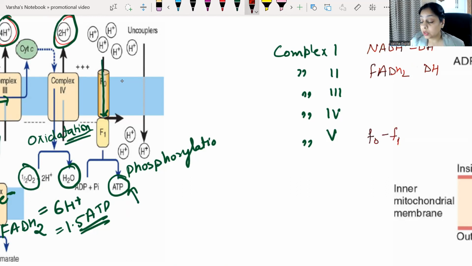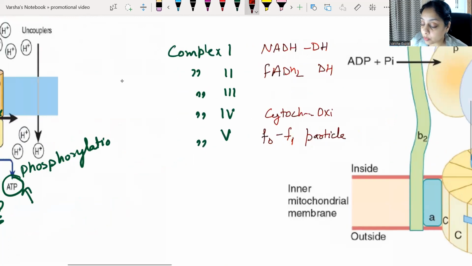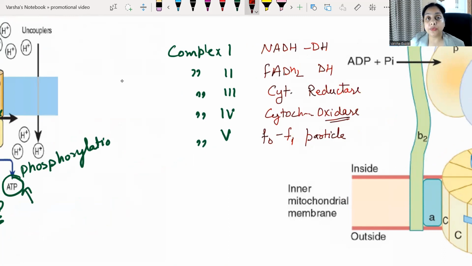It is not zero, it is the FOF1 particle. This was doing phosphorylation. Above this, remember this way, it is cytochrome oxidase. If oxidation happens here, then the third complex name is cytochrome reductase. Remember it this way, it will be easier for you.